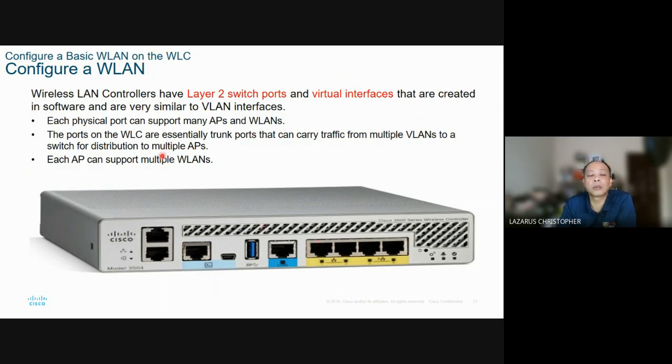The ports on the WLC are trunk ports, which can carry multiple VLAN frames, okay? So each AP can support multiple wireless LANs, because again, you can tag multiple VLANs, okay?